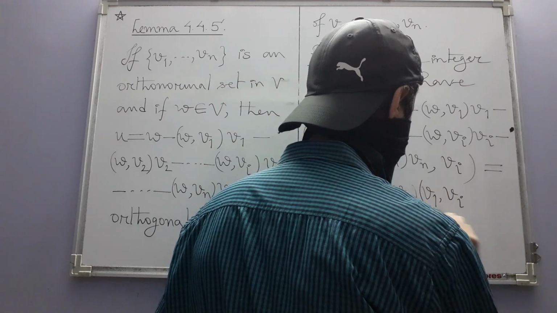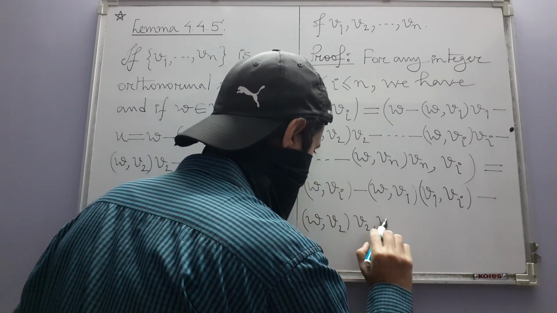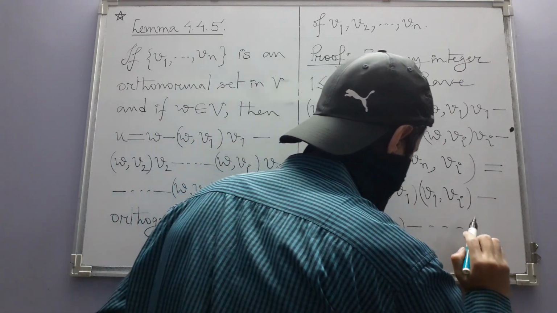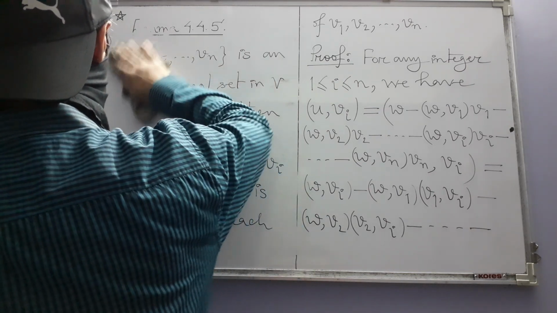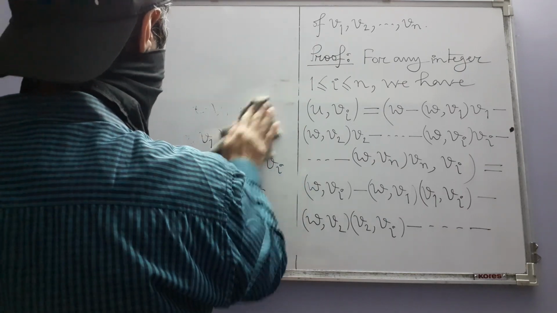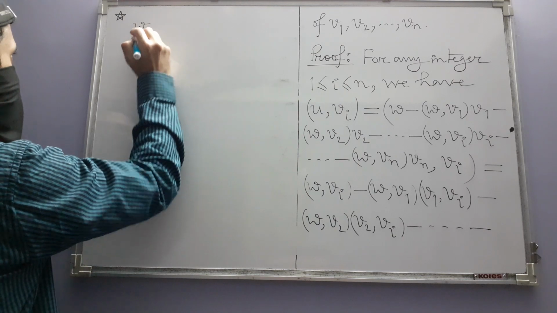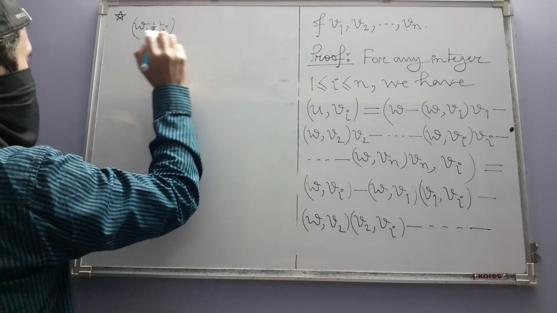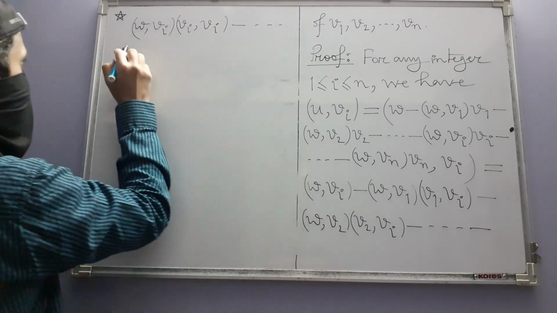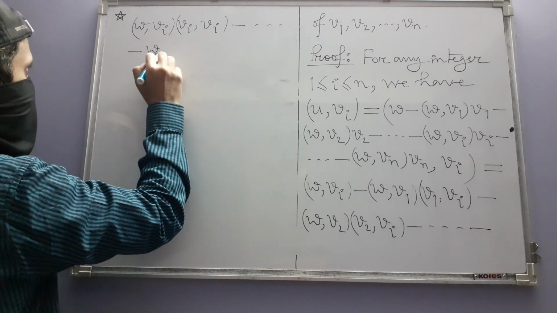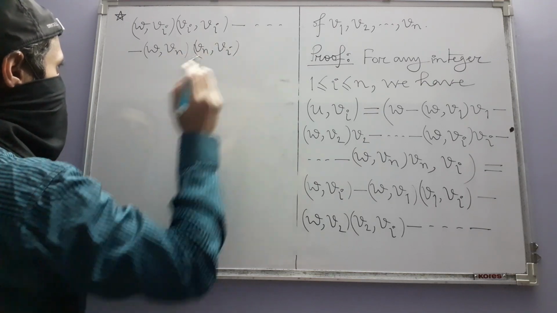v1 comma vi minus w comma v2 comma vi minus vi comma vi minus, and finally the last term, okay.